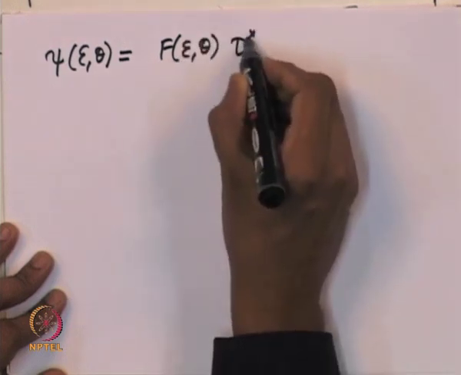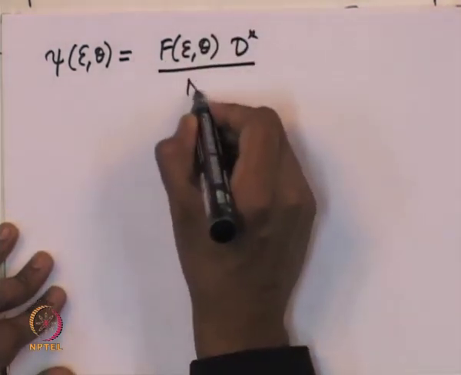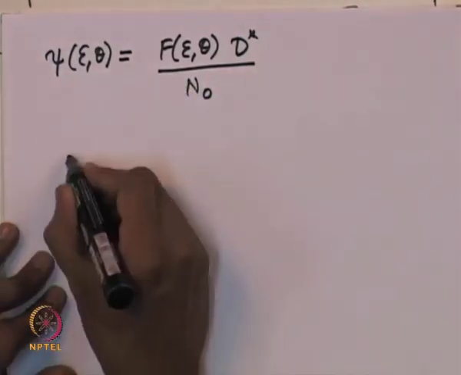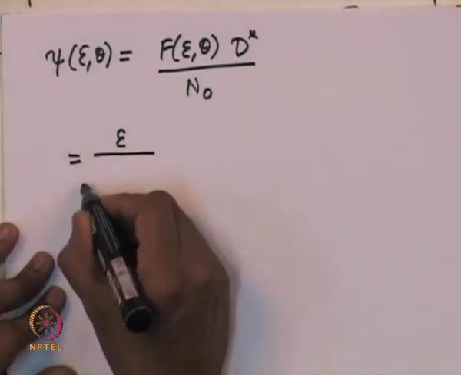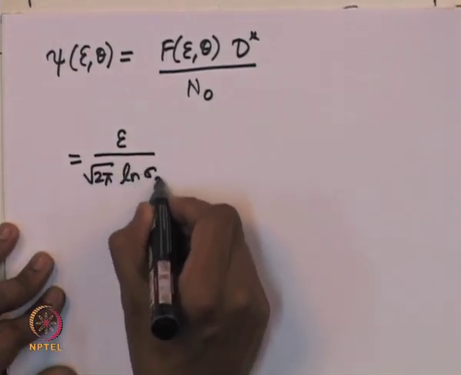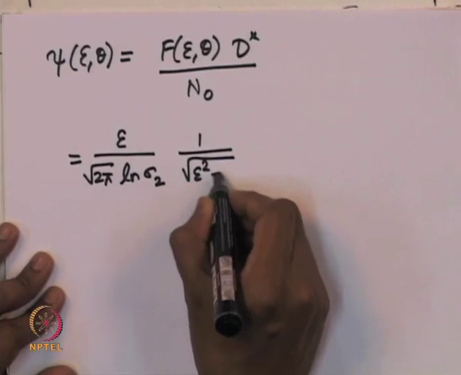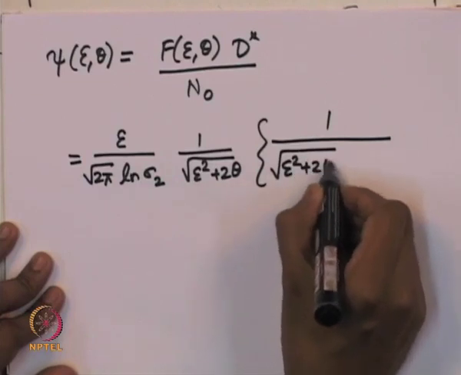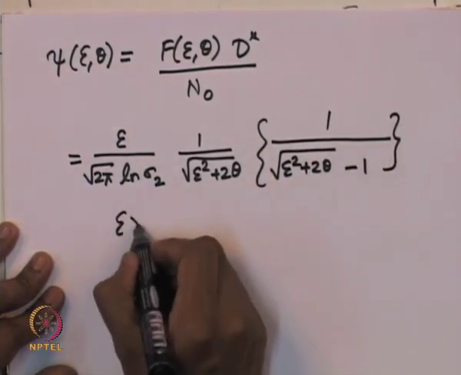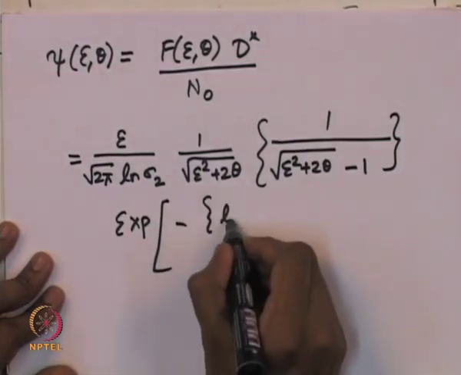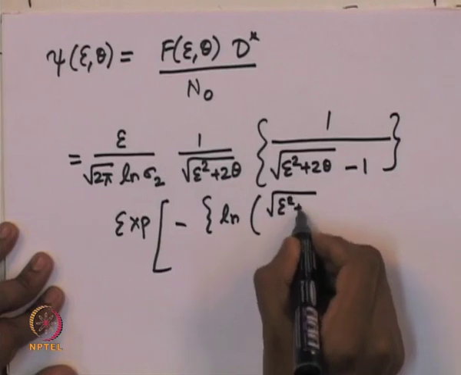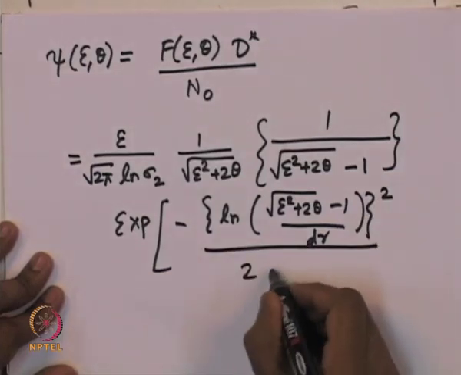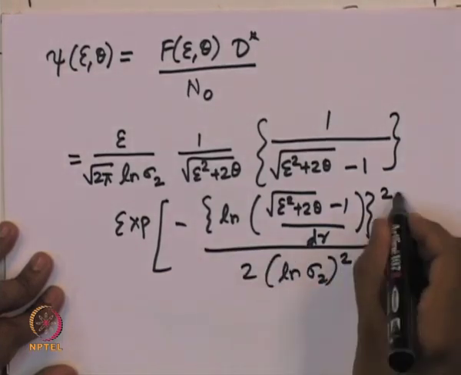We can now use the initial distribution in order to find the expression for psi as a function of epsilon and theta, and that would be equal to epsilon divided by square root of 2 pi into ln sigma 2 into 1 by square root of epsilon square plus 2 theta into 1 by square root of epsilon square plus 2 theta minus 1 multiplied by exponential of minus ln of square root of epsilon square plus 2 theta minus 1 by dr and square of that divided by 2 into ln sigma 2 to the power of square of that.